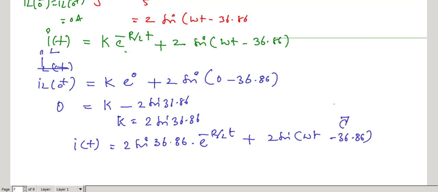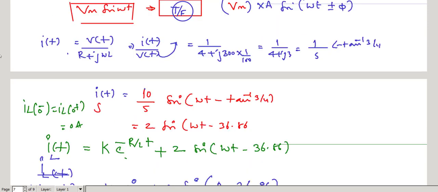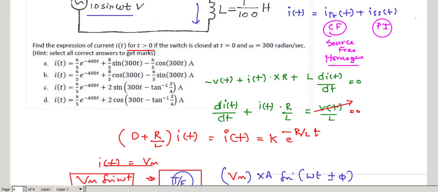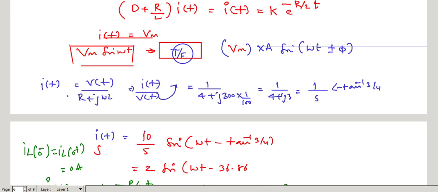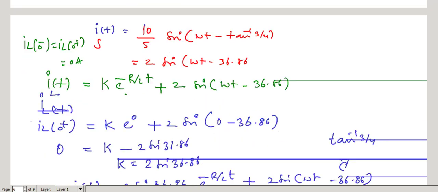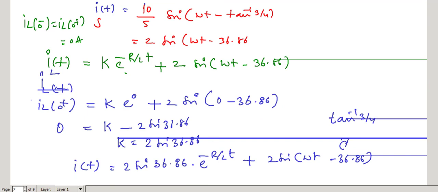So that 36.86 is also called tan inverse 3 by 4. Let's see if the answer is there or not. So 6 by 5 e power minus 400 t. What is sin 36.86 into 2? It is approximately 1.2.